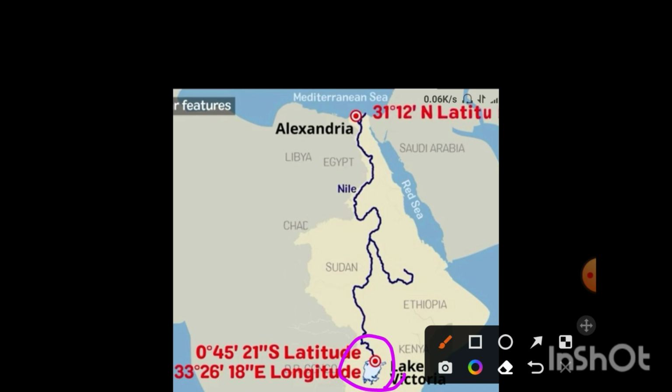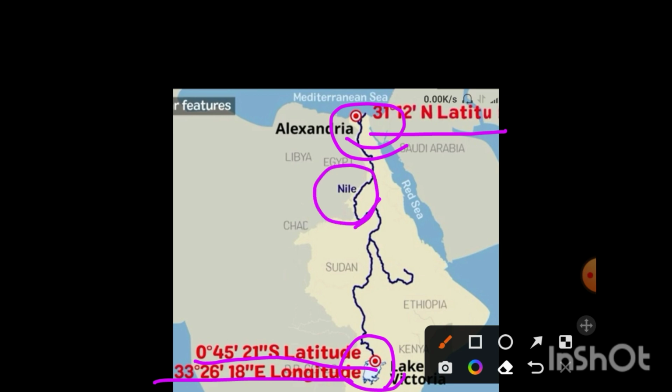We have the latitude and longitude of Lake Victoria, and it ends at the Mediterranean Sea near Alexandria, so we will have the latitude and longitude for the Mediterranean Sea where it ends. You can see Nile written here. I hope you understand. We will need the location of both the start point, Lake Victoria, and the end point.